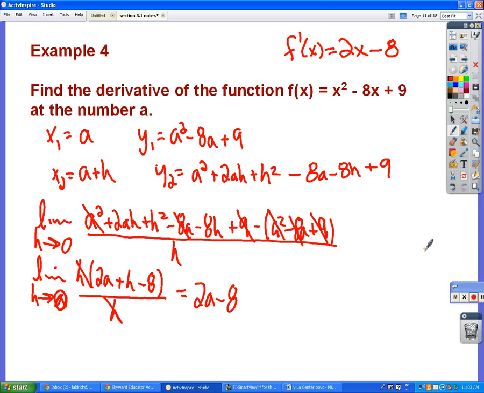Negative 4. If you want to find the slope at x equals 7, what's the answer? Positive 6. Or you could go the other way around and say, I wonder at what x value the slope of that curve is exactly 1. So you can set that equal to 1 and then solve. Okay? So you can go both ways now, and it's a lot more powerful when you have the equation for the derivative instead of just the derivative at one particular point.